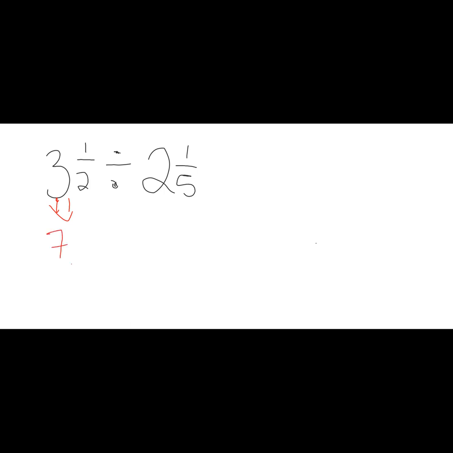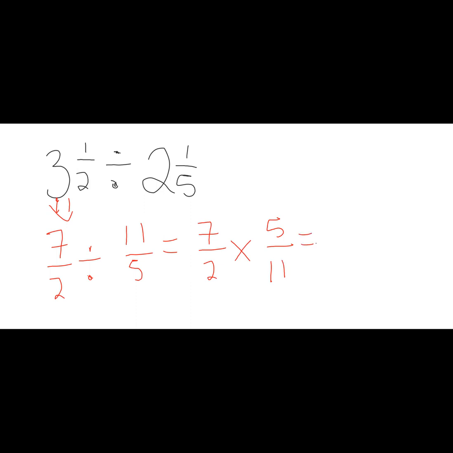So 7/2 divided by 11/5, and find the reciprocal, 5/11. Good. So now we have to find the reciprocal: 7/2 times 5/11.